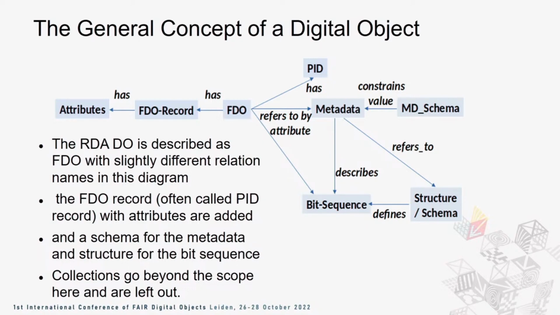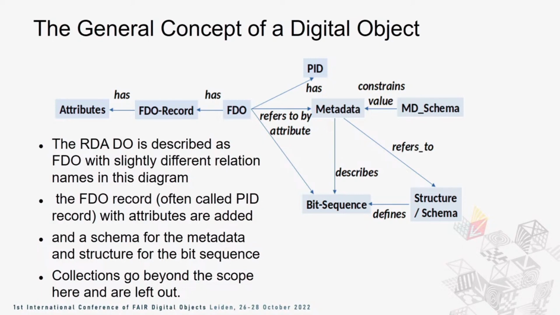So there is no one-to-one correspondence in this direction, and also in the other direction it doesn't exist, because a bit sequence can also be referred to by another FDO. So this is essentially the answer to this special question. I think it was Herbert who asked this question.